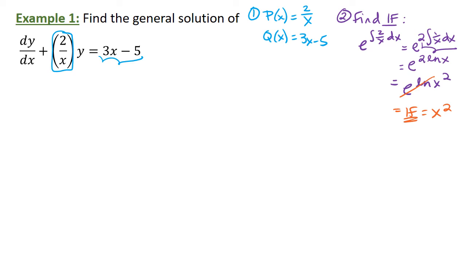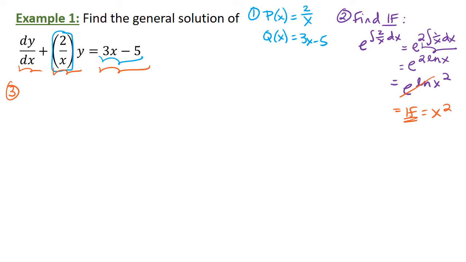Okay, so now we have done step 3 in the previous slide. Now what I want to do is multiply the entire equation, so the entire standard form equation, by the integrating factor. So here we go. In step 3, we're going to multiply everything here by x squared.